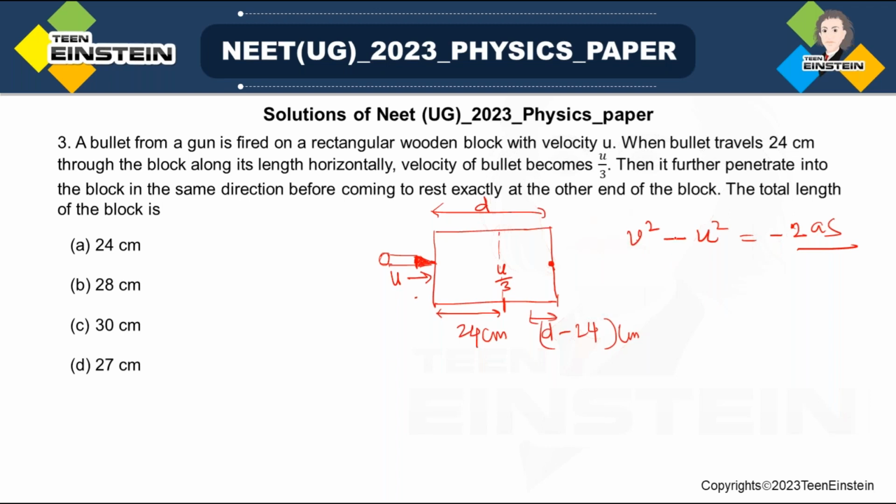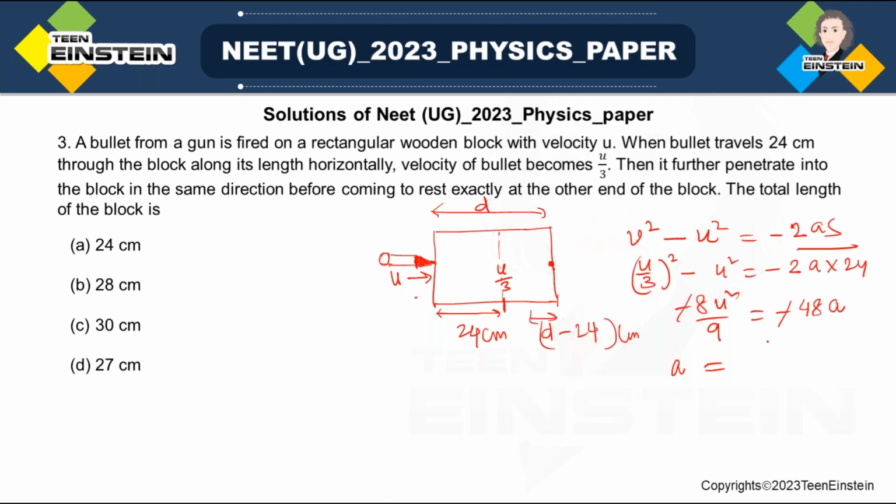The final velocity here is u by 3. So u by 3 whole square minus u square equals minus 2 into a, which we have to find out, into s, and s is 24 centimeters. So this side is minus 8 u square by 9, and this is minus 48 a.